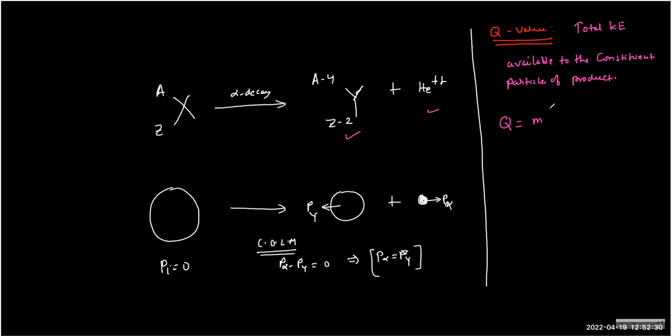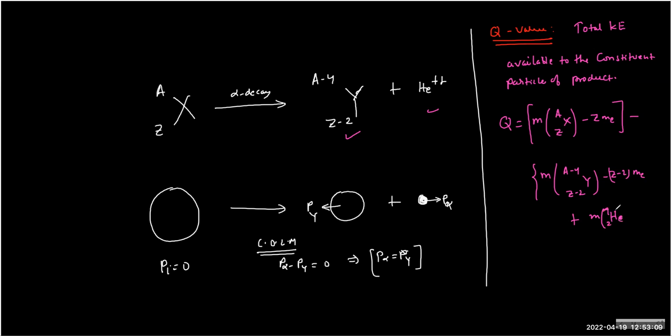Mass of the reactant nuclei, that's the difference, minus mass of the products, the helium atom, minus, and then we have to put a bigger bracket, into C square.